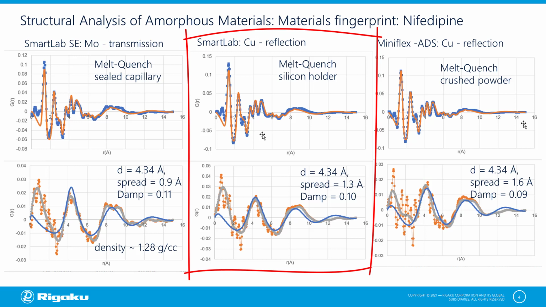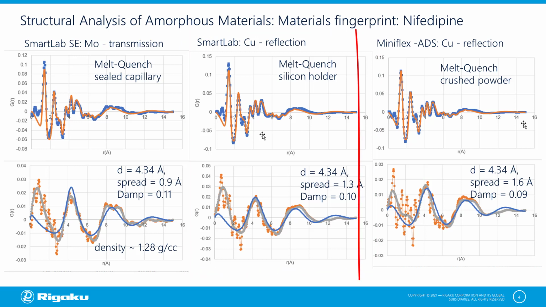In this case, the sample was melt quenched directly into the silicon holder. And we can see that the paracrystalline function extracted at the end visually is remarkably similar. In fact, it's the same D value, although now I notice we have a slightly larger spread, or more uncertainty in the reproducibility of that D value itself.